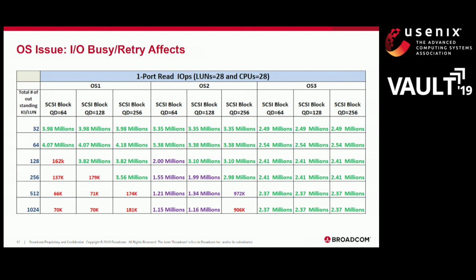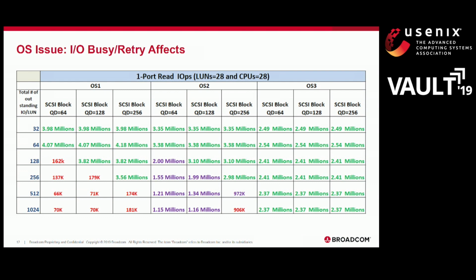And we saw a rather interesting result: when we increased some of the I/O counts per logical unit in the configuration and crossed the queue depth, the IOPs would drop. The floor would go out from underneath us. On the oldest system, we could be hitting 4 million IOPs, and as soon as we got above the SCSI queue depth values that were configured, it dropped to 100,000 IOPs, a tenth of the performance.